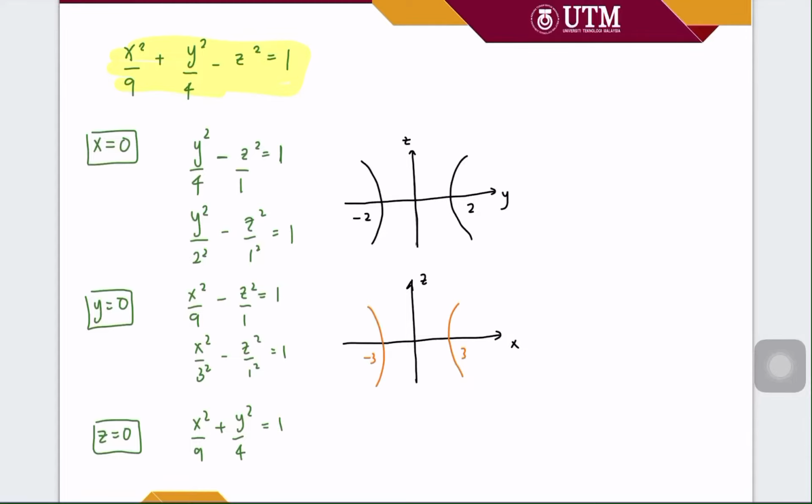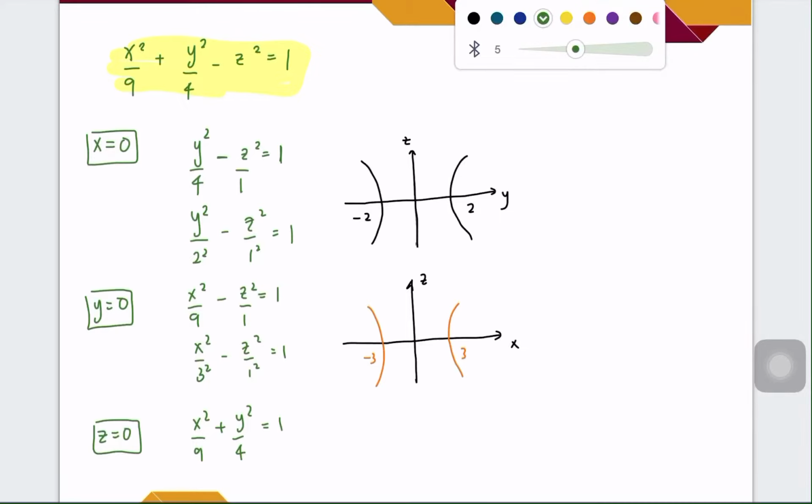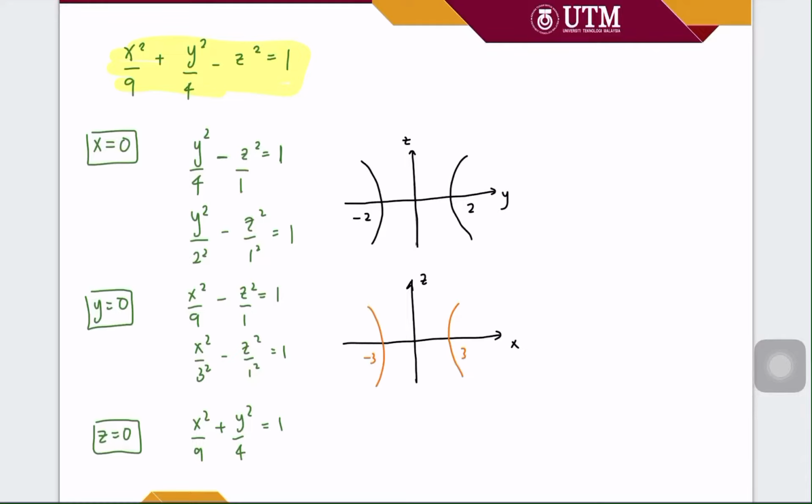What shape is this? We have plus for y and plus for x, so it is either a circle or an ellipse. For a circle the denominators must be equal; for an ellipse they are not equal.